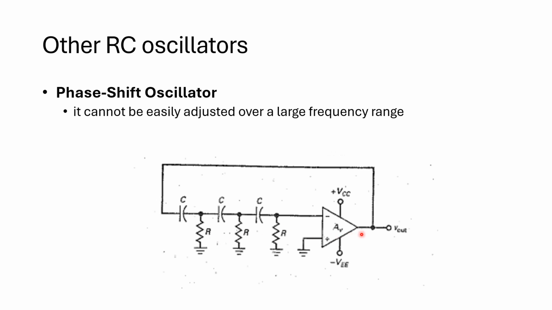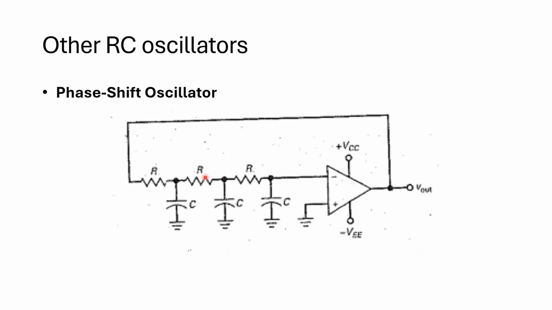So 180 plus 180, we have 360 degrees, the requirement for oscillation. The requirement for oscillation is 0 degrees or 360 degrees phase shift.